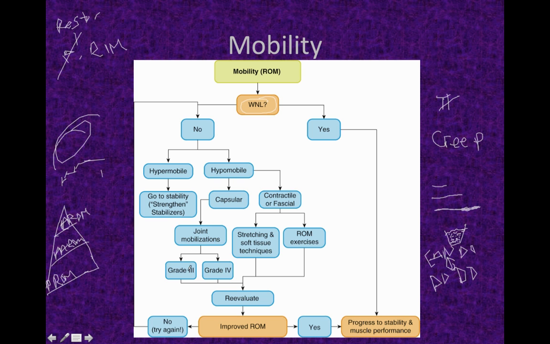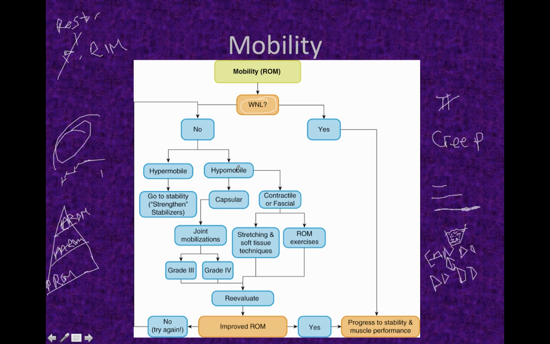The grading of joint mobilizations means how much movement you are trying to force in that joint in order to address the capsular issue. You do your treatment, reevaluate: did it get better? No, then try it again. If yes, then now we move on to more stability and performance.